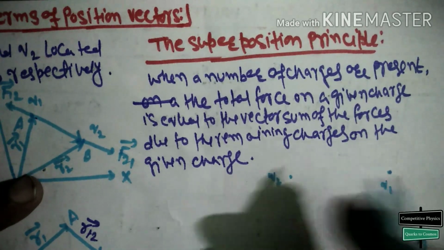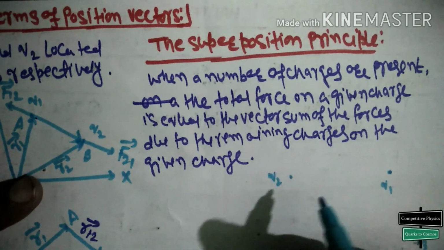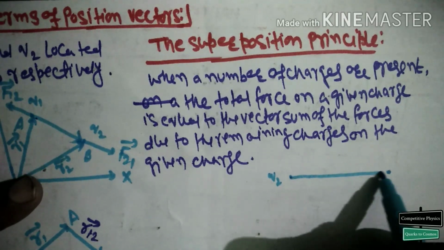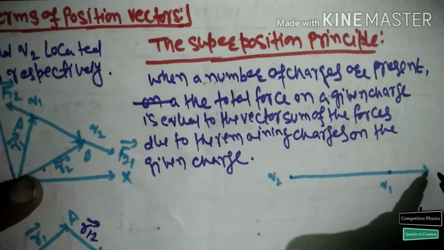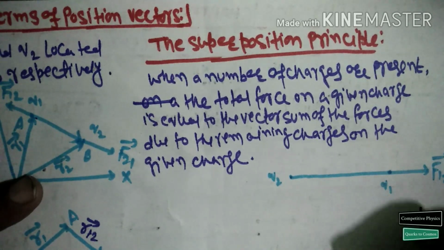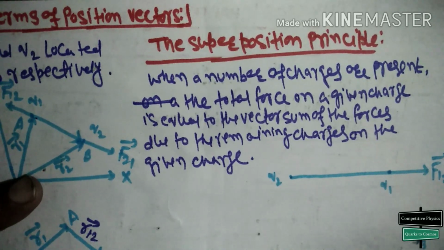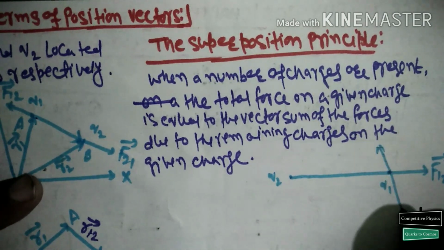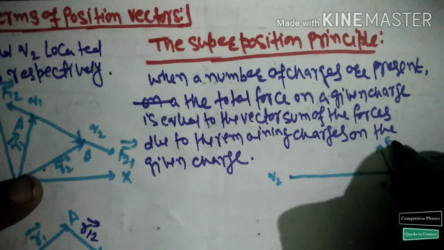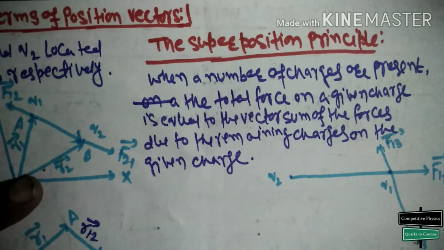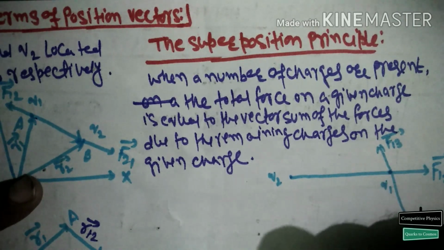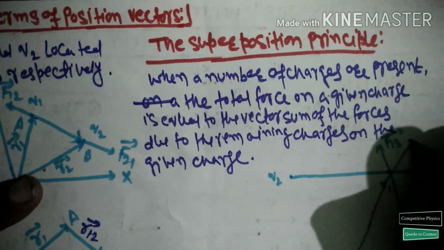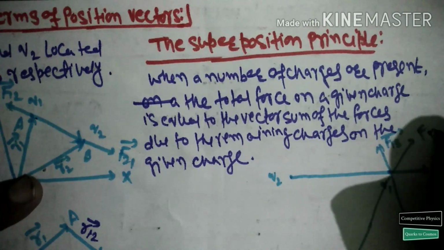Then the force on charge q1 due to q2 will be in this direction, F12, and the force due to charge q3 on q1 will be in this direction. Similarly, the force on q1 due to charge qn will be here, F1n.